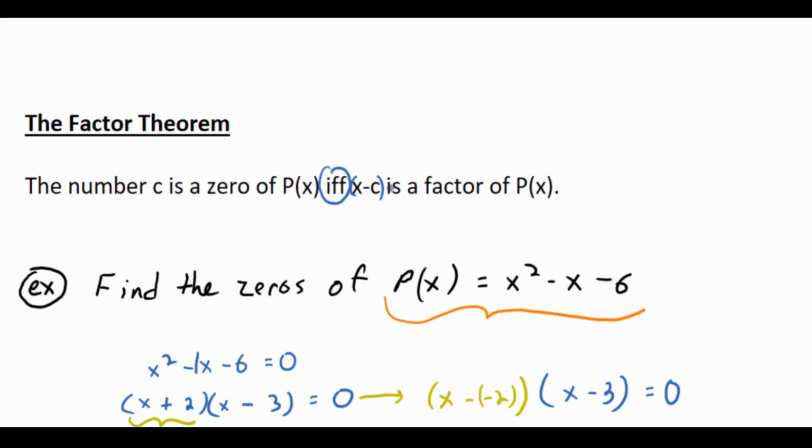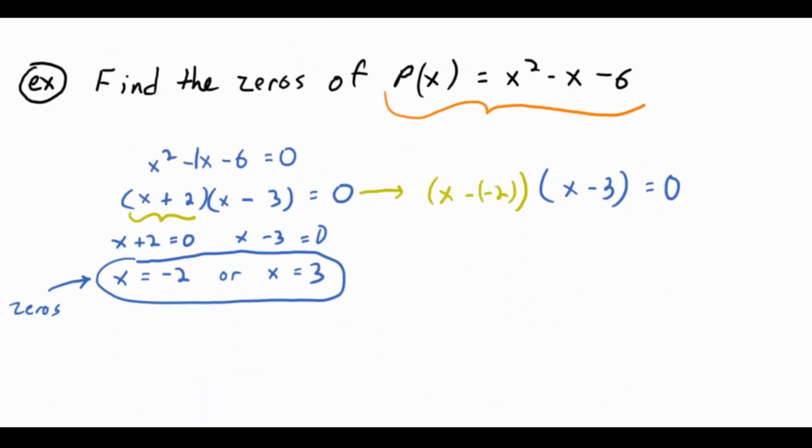So if x minus c is a factor of p of x, then the number c is a 0. You can read it backwards, in other words. And of course, you can read it as if the number c is a 0, then x minus c is a factor. So what we're really saying is, when you go through this process of solving by factoring, it's reversible.